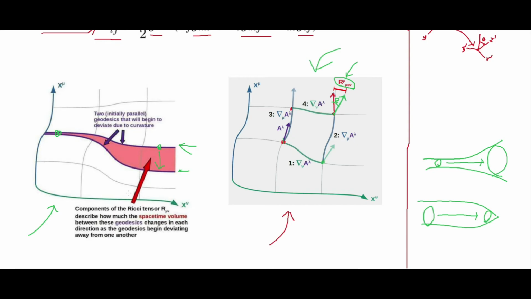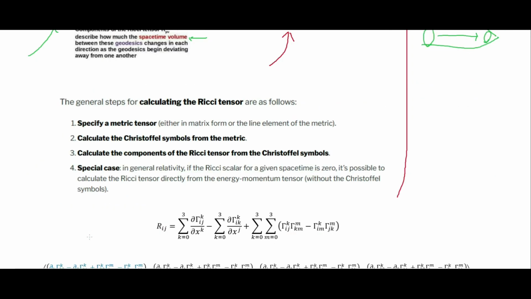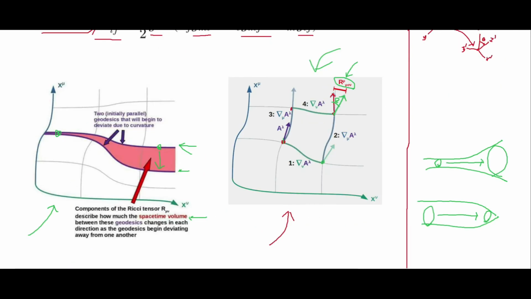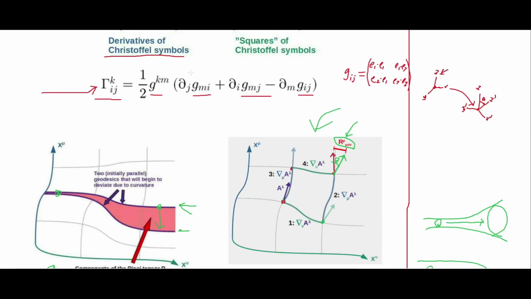That is what the Ricci tensor is telling us. It describes how much the space-time volume between the geodesics changes in each direction as the geodesics begin deviating away from each other.